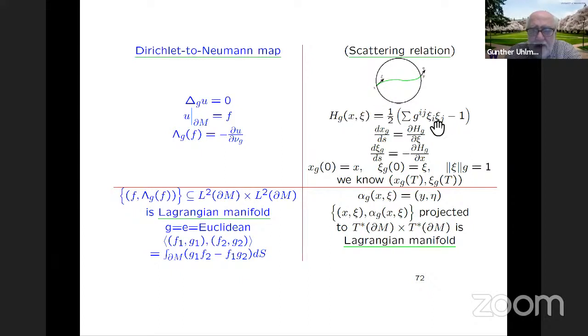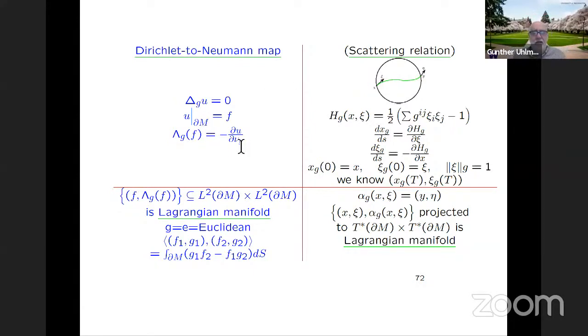You take the Hamiltonian, you take these curves, you know the initial point and direction, so you have the initial conditions of the ODE, and you know the final conditions, including the time. So this is a finite dimensional problem. It's solving ODEs. Here you're solving a PDE. So this is what I said: this is a problem in finite dimensions, and this is in infinite dimensions.